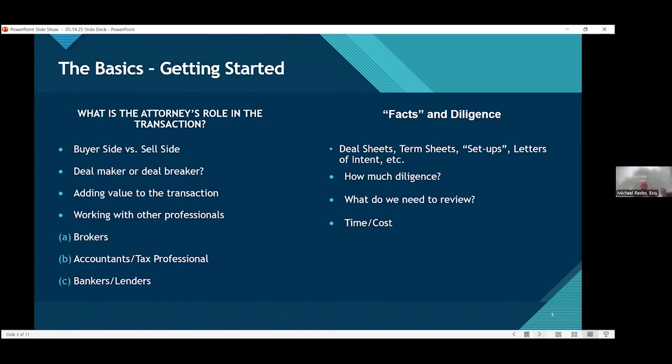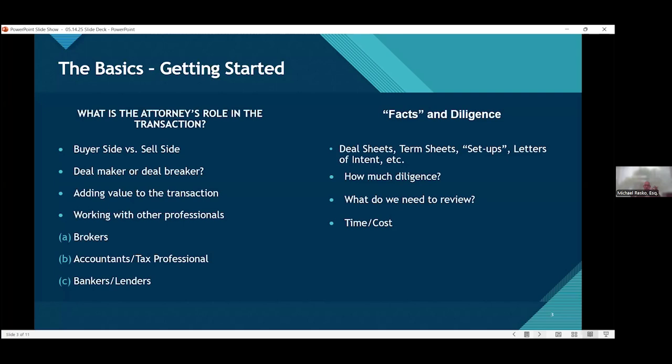At various points in the transaction, we may encounter and may also engage the services of these other professionals, oftentimes in the diligence process. Whatever our first exposure is to the transaction may come from one of these third parties.